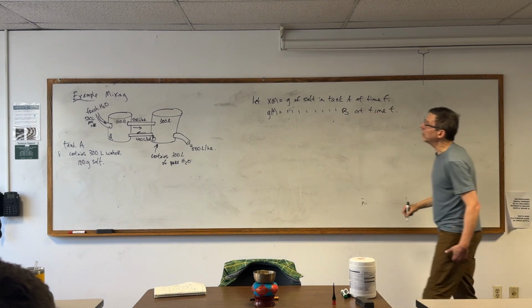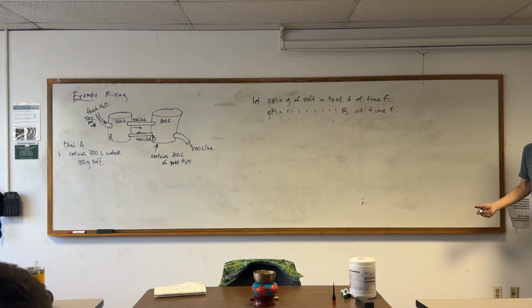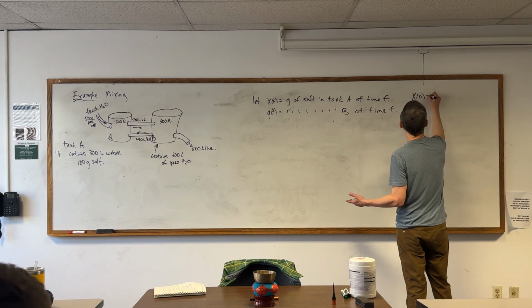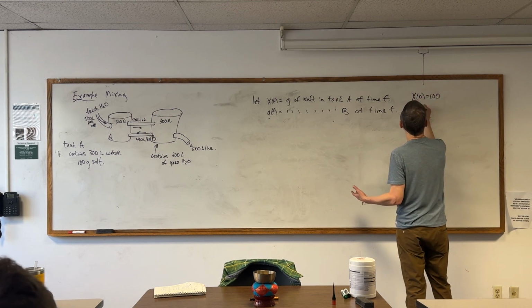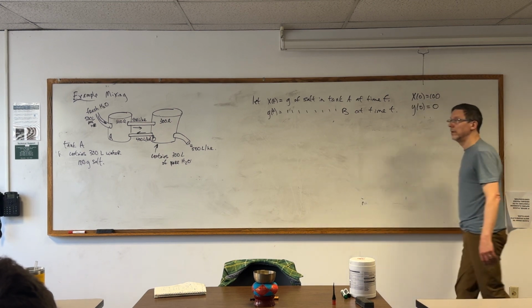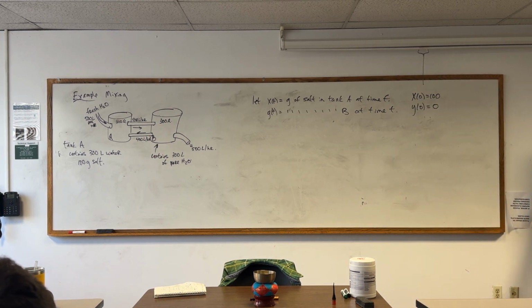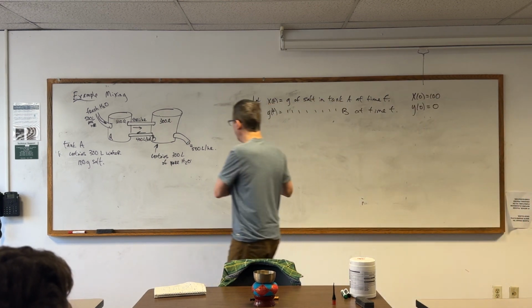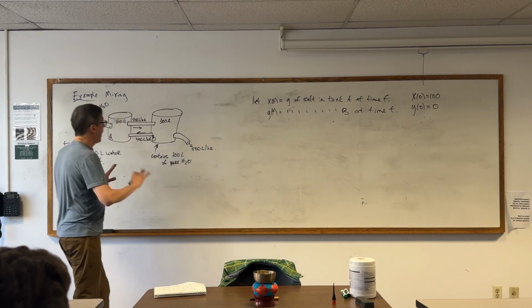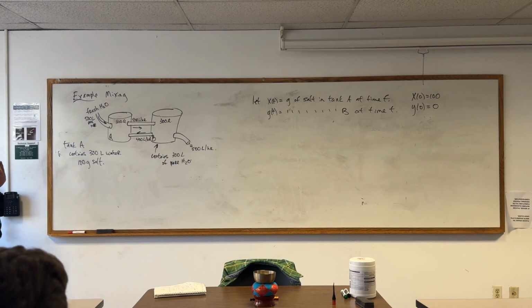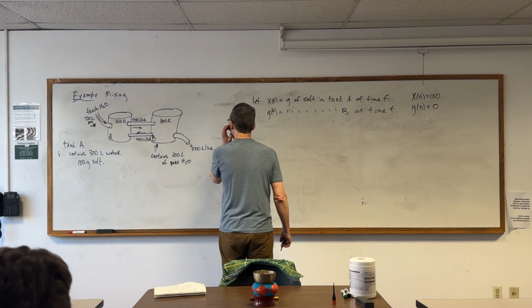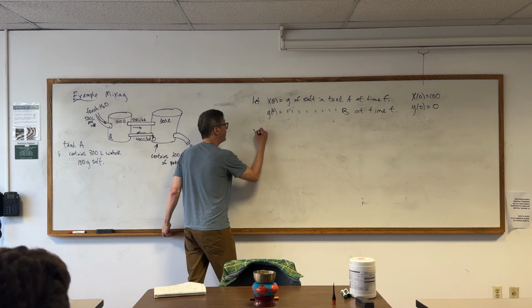And so I've got these initial conditions that I stated, but let's make them official. x(0) is 100 and y(0) is 0. We're going to be able to analyze this completely and understand what the equilibrium state is, how we get there, what the routes to getting there are, and various concentrations. So we are going to make some differential equations.